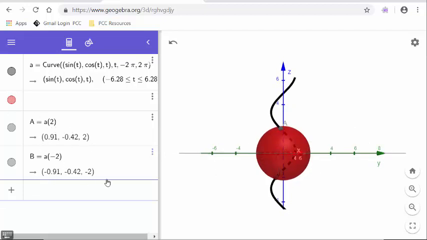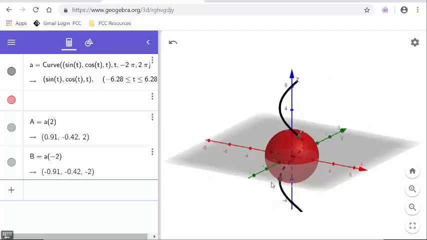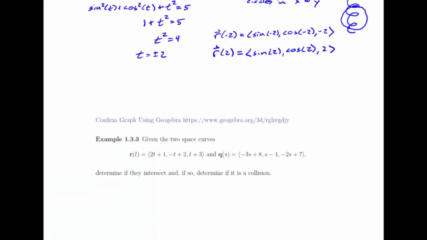Here are the decimal approximations if you wanted to look at those, where I plugged in 2 and negative 2 into the t values to get these 2 points exactly. All right. Let's go ahead and move on. Last problem of the lesson.